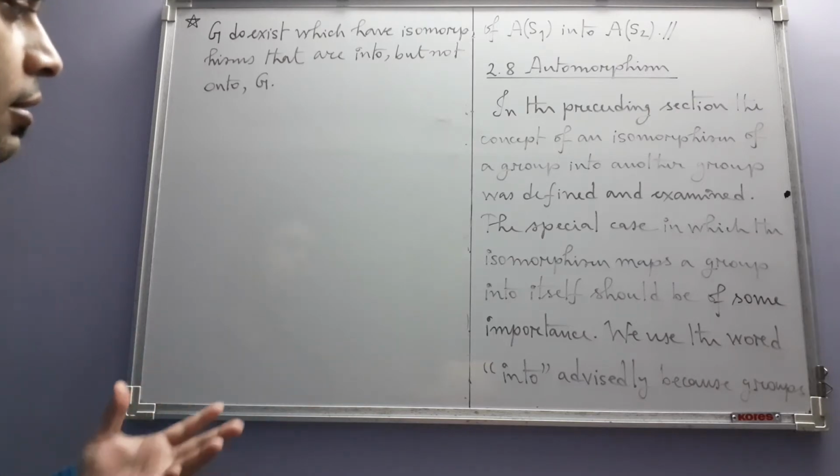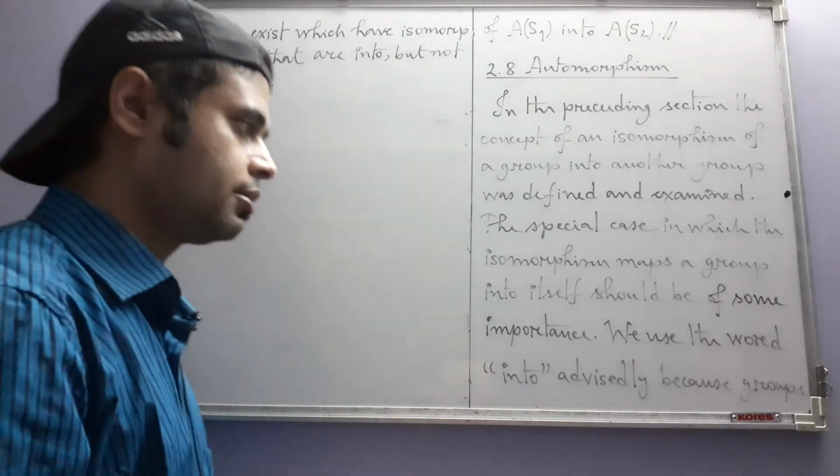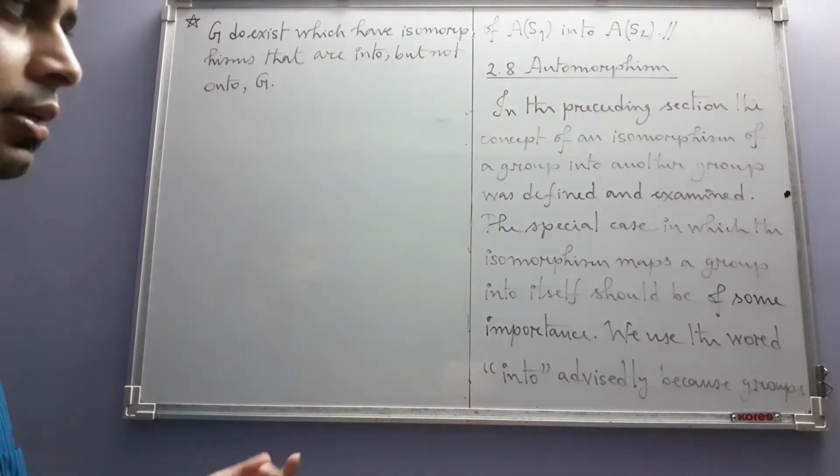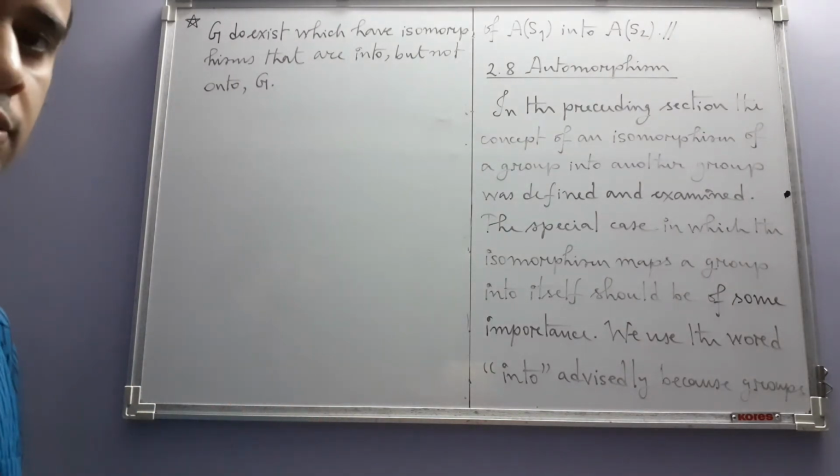So if we are additionally saying that an isomorphism is onto, it is extra. Okay, it's not always the case.